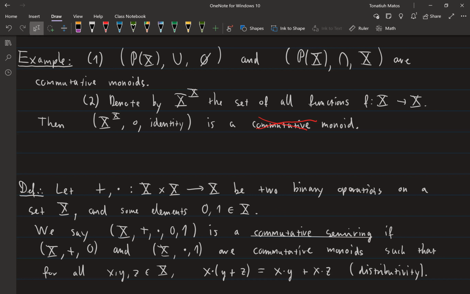Okay, let me see where I left off. So that's a commutative monoid, and I need a way to combine the operations, because otherwise what's the point of introducing two operations on the same set? And the way that two operations interact is called distributivity, right?